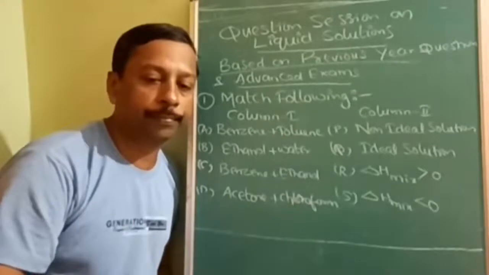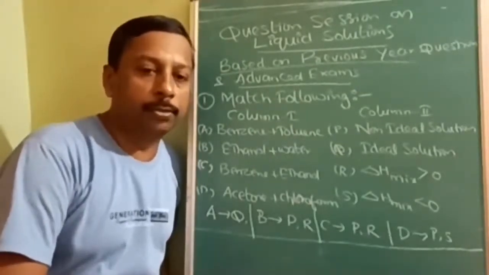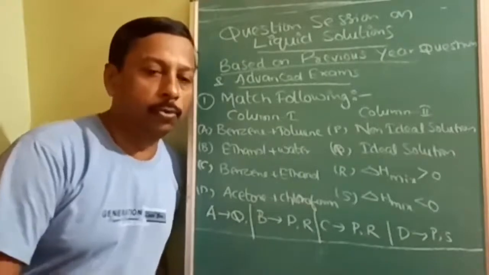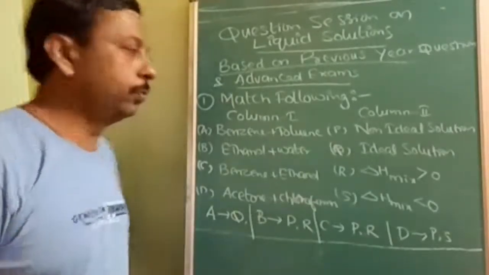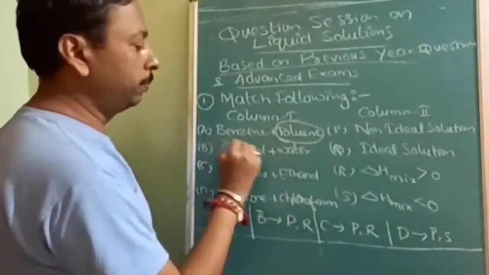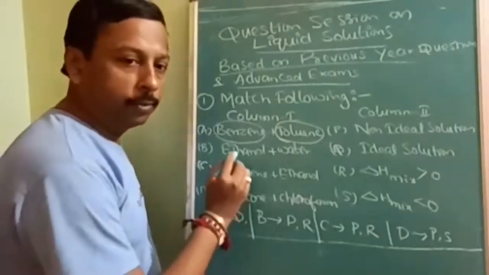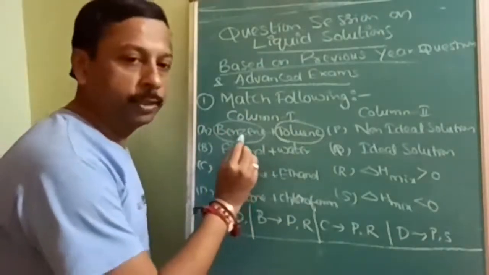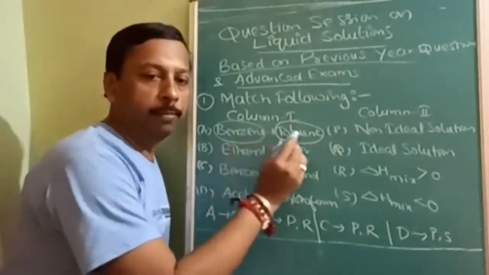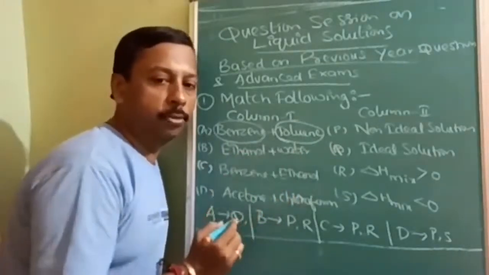Okay, here is the answer. Column 1 and column 2. A's answer is Q. See, benzene is non-polar and toluene is also non-polar. And in non-polar, what happens? The attraction force between benzene and benzene, and between toluene and toluene, will be exactly the same as between benzene and toluene.